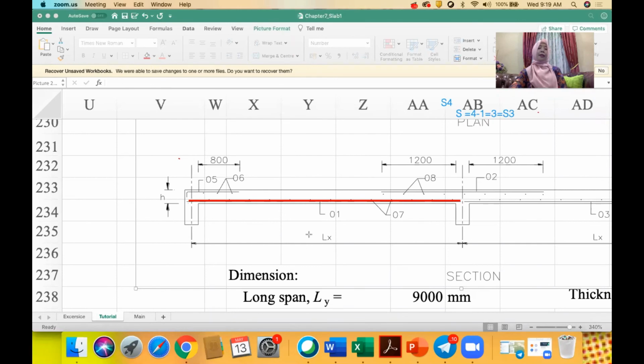Okay, that is the main steel, 01. 01 is near middle of end span, and then this is 02. This is the main steel. Draw first the main steel like that.